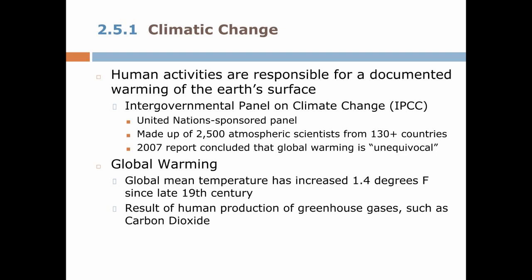Think about the ice that's right on that verge, the ice caps that are sitting at a very warm latitude. So much so that a 1.4 degree push up can start a melting process. These things can steamroll along. Results of human production of greenhouse gases, such as carbon dioxide, contribute a lot towards this.